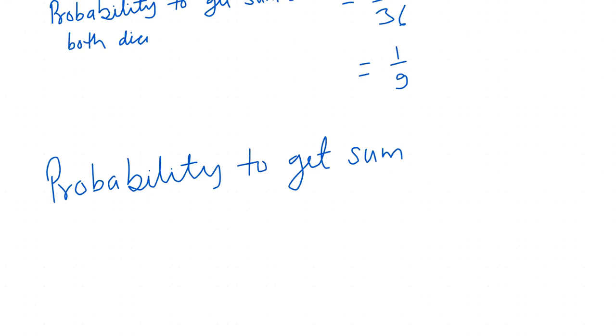To get sum 6. So, we don't need to see every time. Just we can take it as like 5 comma 1, 1 comma 5, 3 comma 3, 4 comma 2, 2 comma 4. Obviously, we have 5 favorable outcomes. You got? Yes, ma'am. Fine.